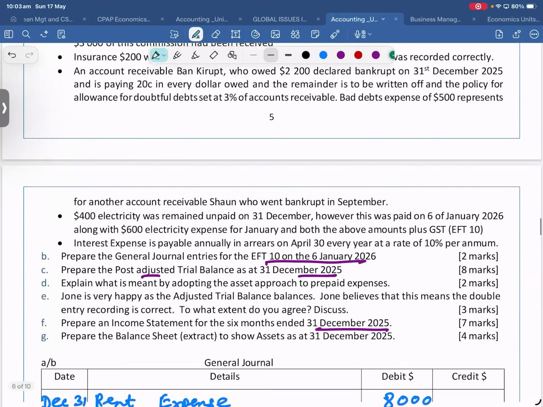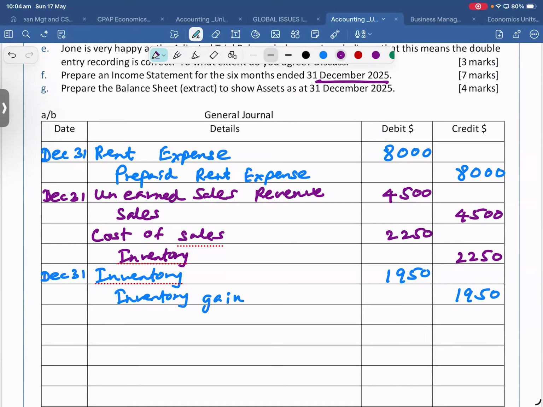Viraj? Leah? Lakshman? Depreciation of the buildings debited. Accumulated depreciation credit, correct. Depreciation expense debit, accumulated depreciation for premises credit. Okay, take that down.